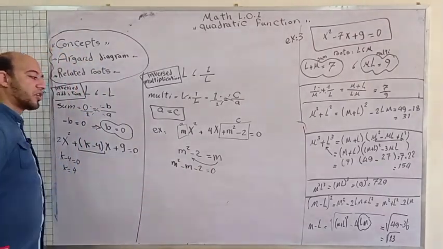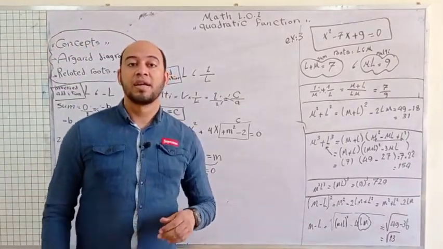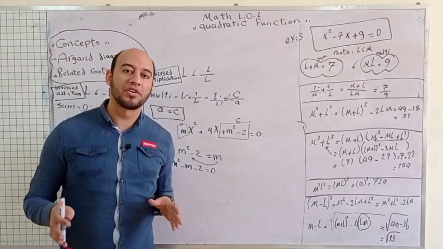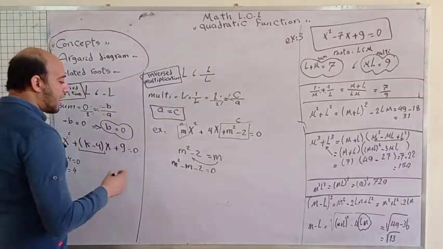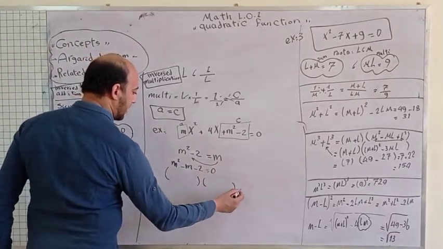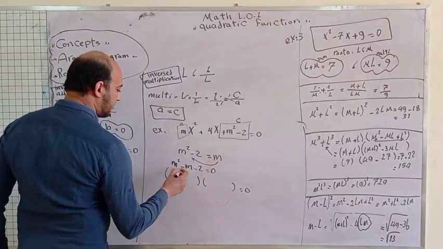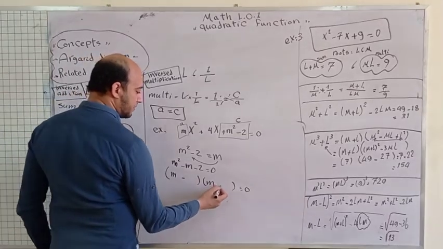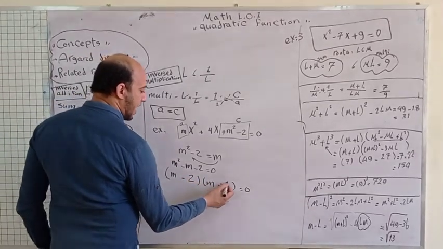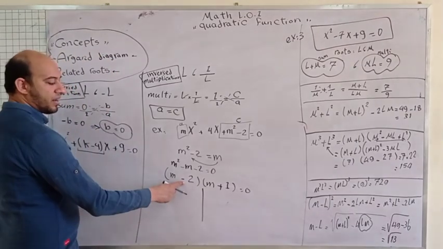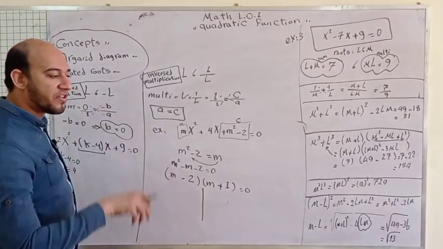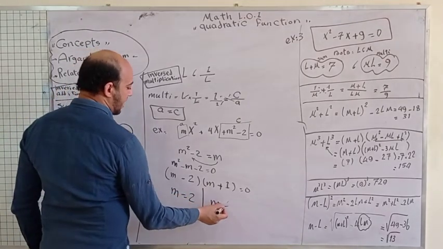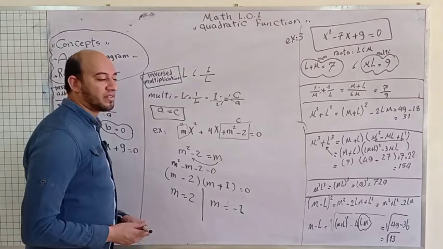We can solve this equation in two ways, factoring or using the quadratic formula, the general law. I will use factoring here. Then m squared will be m and m, minus 2 will be minus 2 and positive 1. The bigger number takes the sign of the middle term. Then m can be equal to 2 and m can be equal to minus 1.